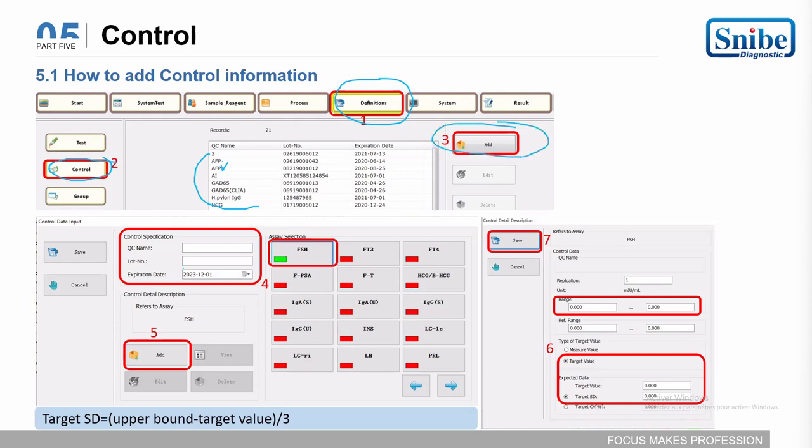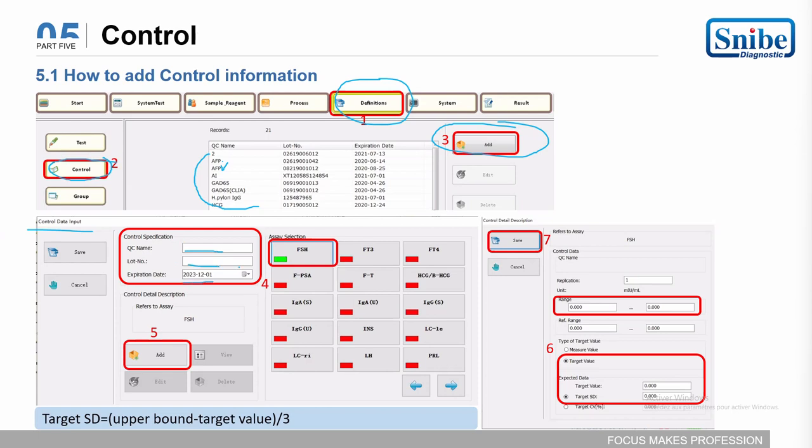Then this window will appear, and you enter the information about your quality control using the technical sheet of the quality control. The main information is the name. So for each quality control, you have a name, the lot number, and the expiration date.